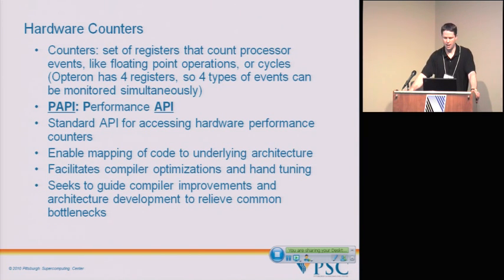The group at Tennessee has worked on developing a standard API for accessing commonly available hardware counters that are similar across all the different architectures. This is obviously very useful in facilitating the types of optimizations and tuning that you may want to do, both as an application developer and also if you're designing compilers to do these kinds of optimizations.